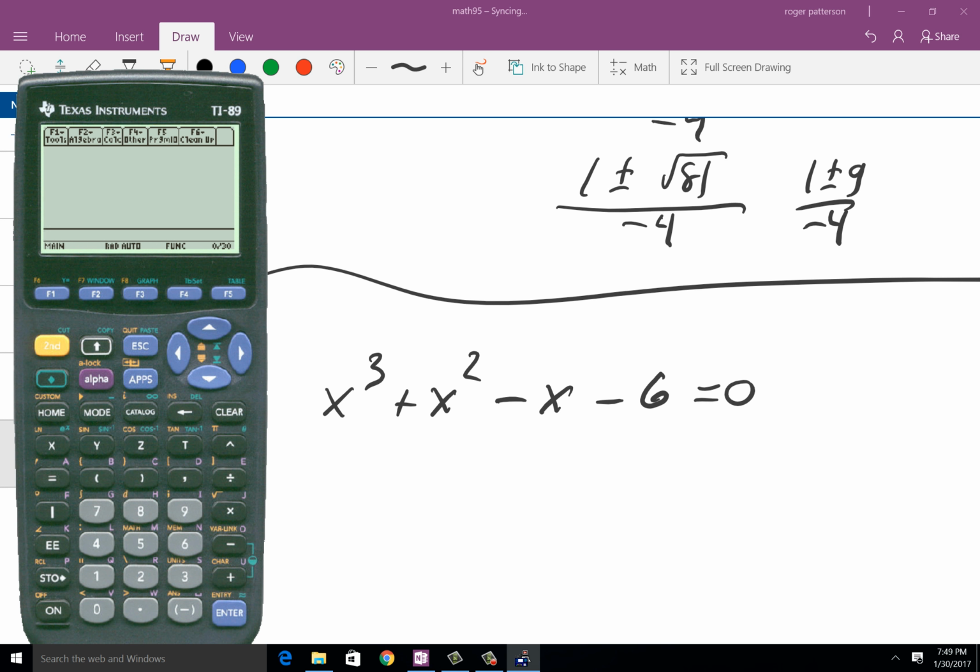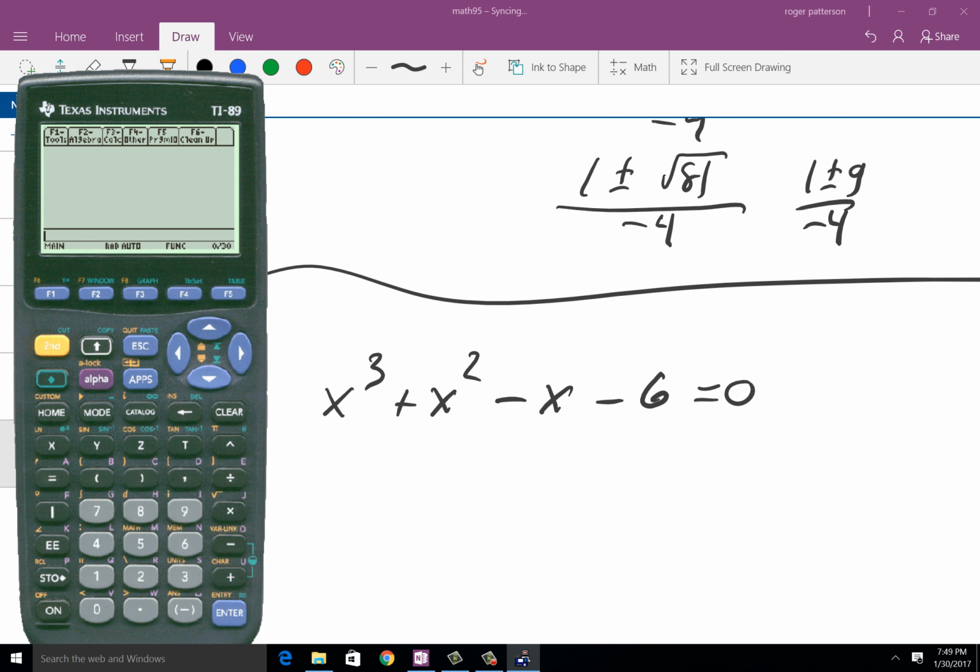You can do this in your 89 too. Alright, let me get rid of this guy. Okay. So, I put plus 3 plus 1, x minus 2. Here it's in factored form. This is the shape.